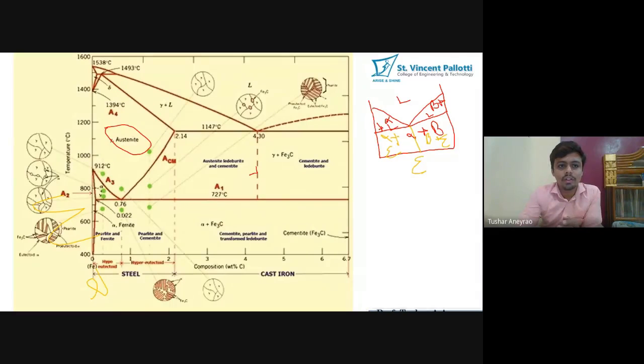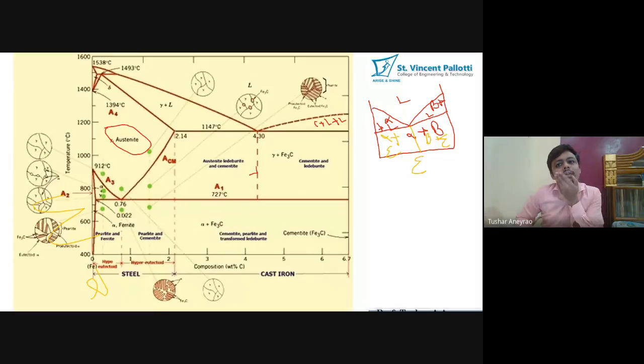Means this many phases you have understood now. This is the liquid phase. Here the eutectic reaction is happening, where we are getting alpha plus austenite plus liquid. Here actually we are getting cementite first. Means here it should be cementite plus ledeburite plus liquid.